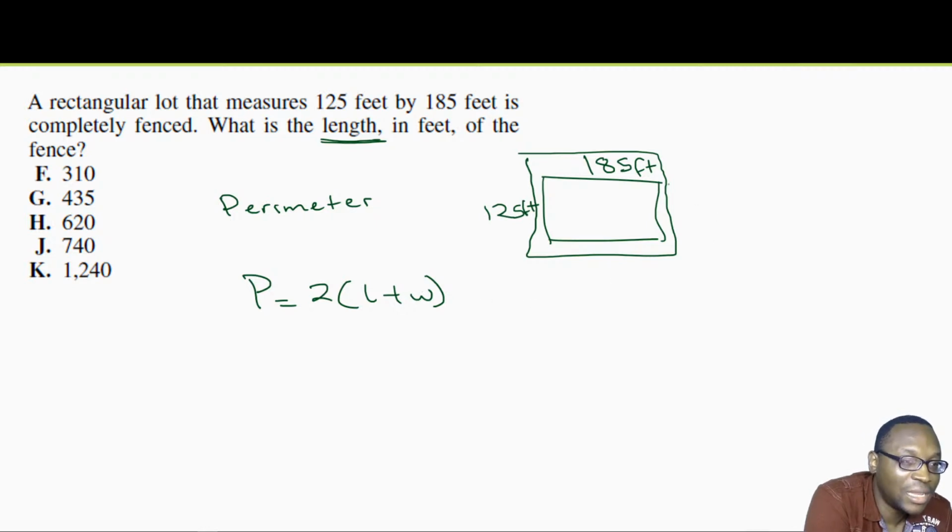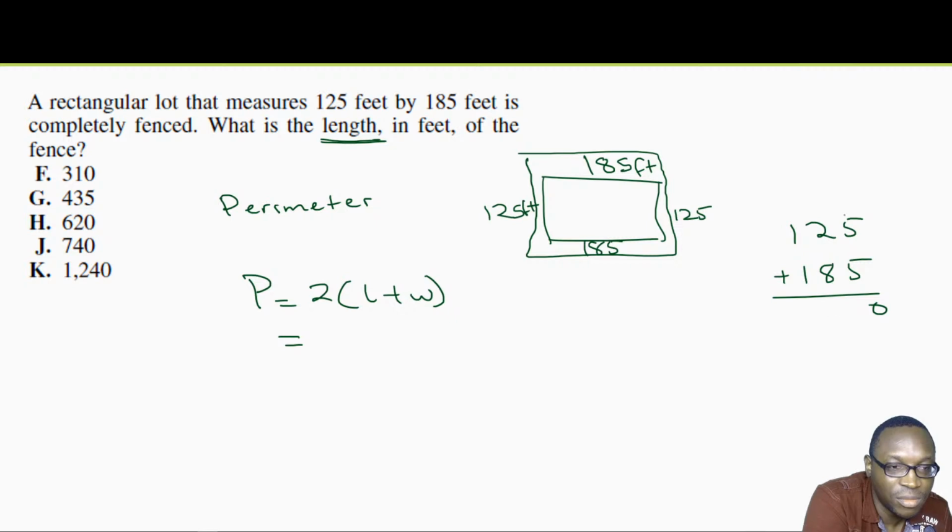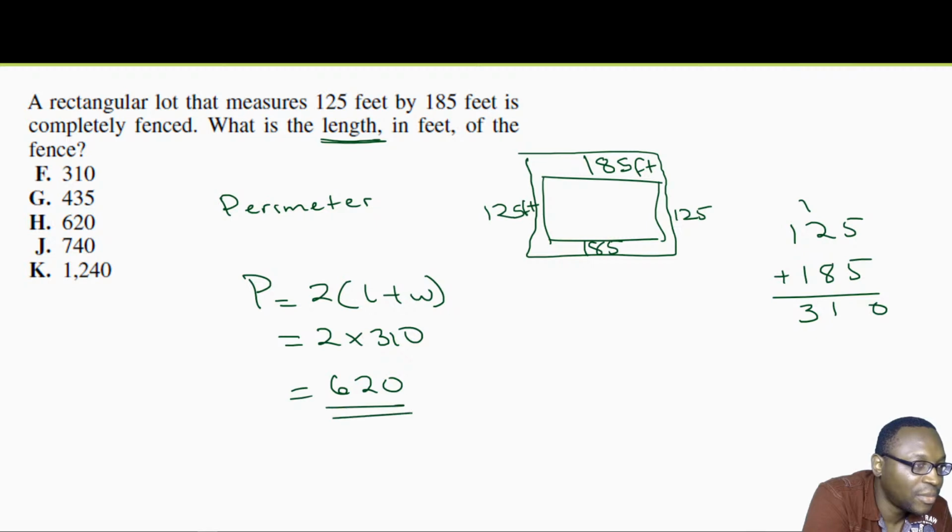Or you could just add all the sides, 185 and 125, and add them up, but I find this a lot easier. So let's add 125 and 185. 310. We multiply 2 by 310, which gives you 620.